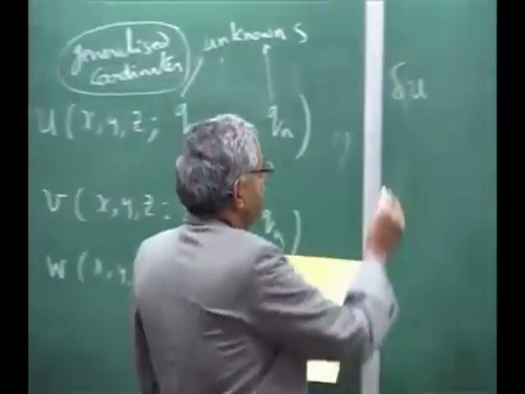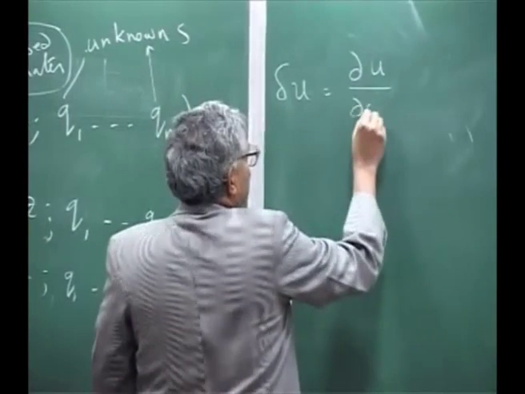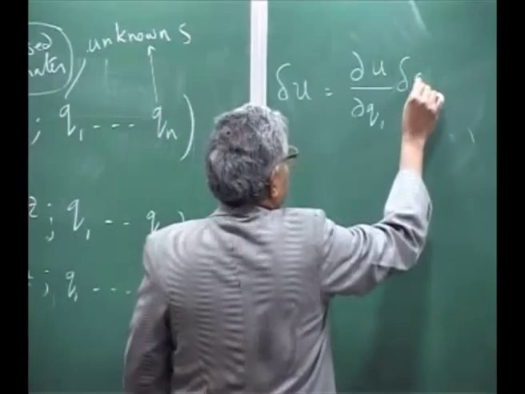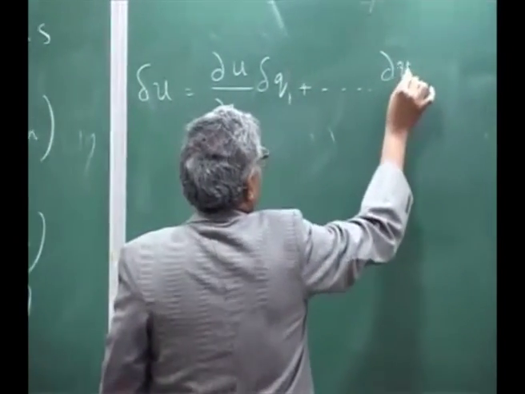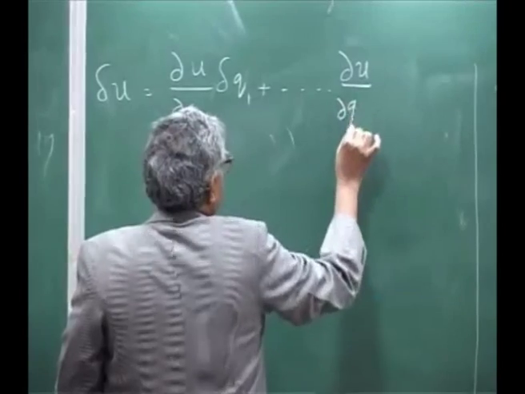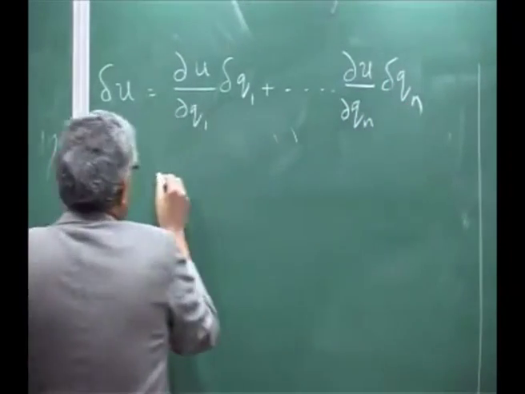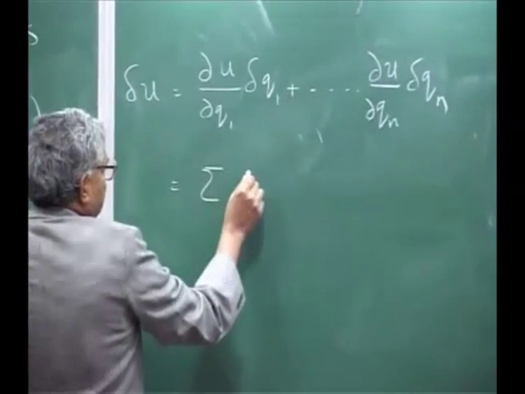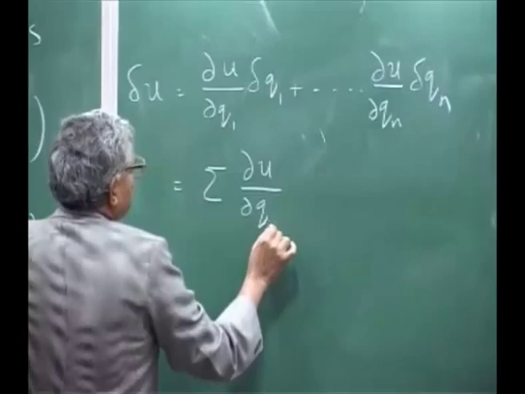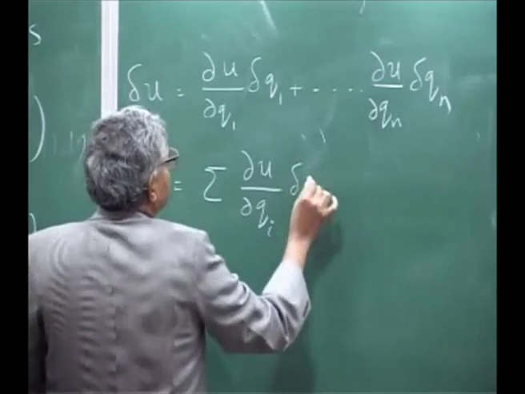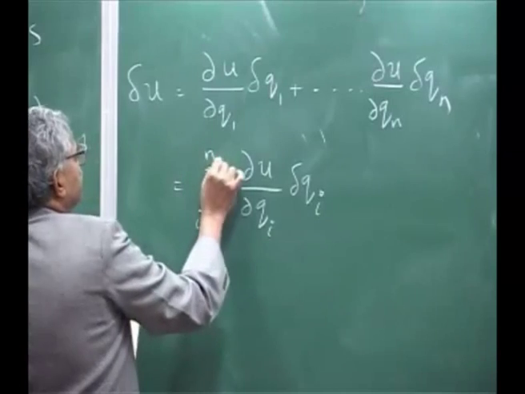So you will write it as delta U by delta Q1 del Q1 plus so on, which can be written as summation of delta U by delta Qi delta Qi, i running from 1 to n.